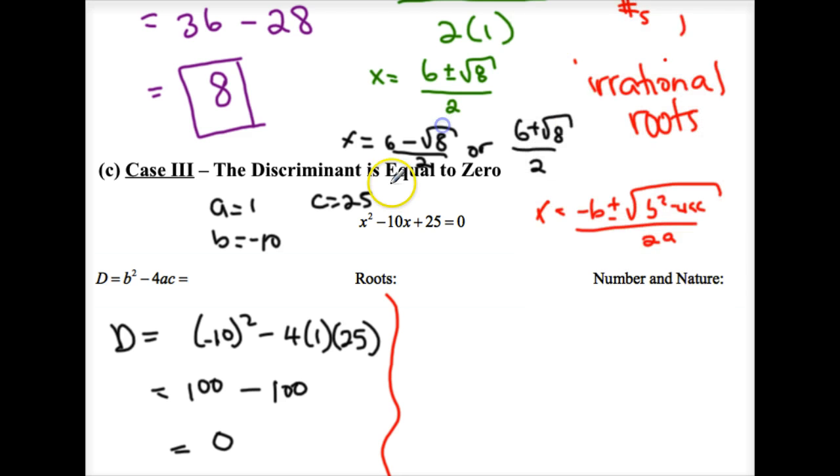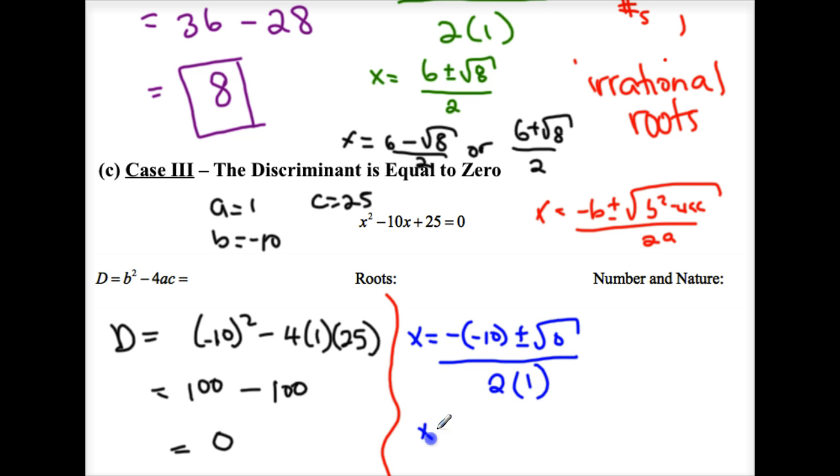So we have here the roots is going to be x is equal to minus b, which is minus negative 10, plus or minus the square root of 0 over 2a, which is 2 times 1. This becomes 10 plus or minus the square root of 0 over 2.